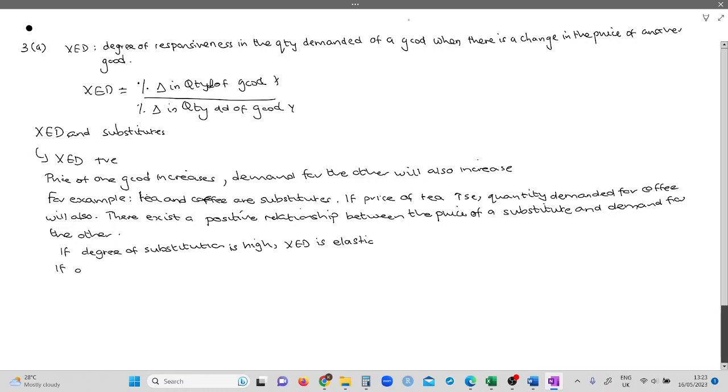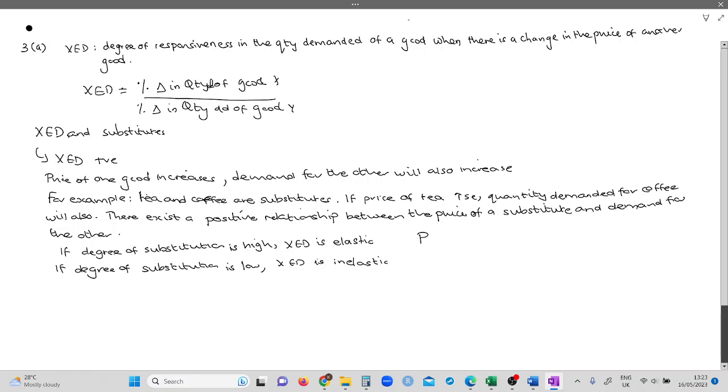On the contrary, if it is low, the sign will always be positive. If the degree of substitution is low, then the XCD also will be low, inelastic here.